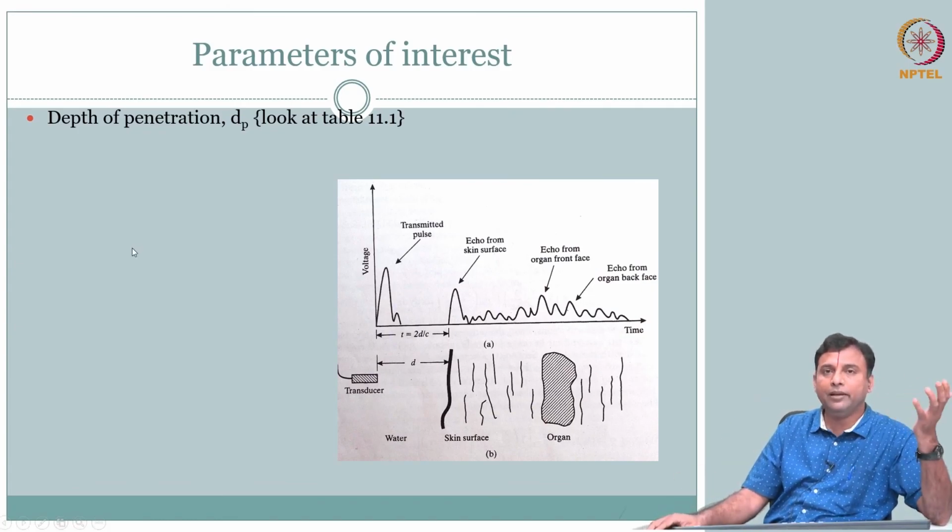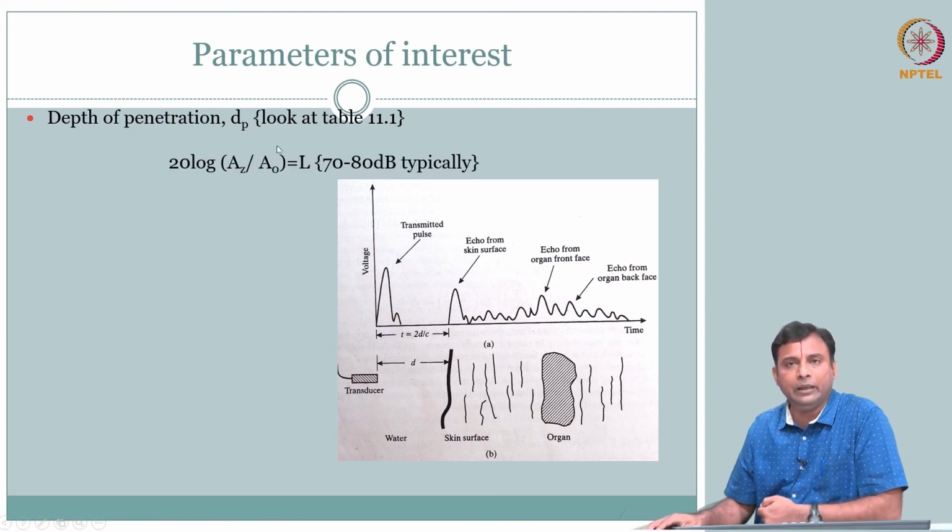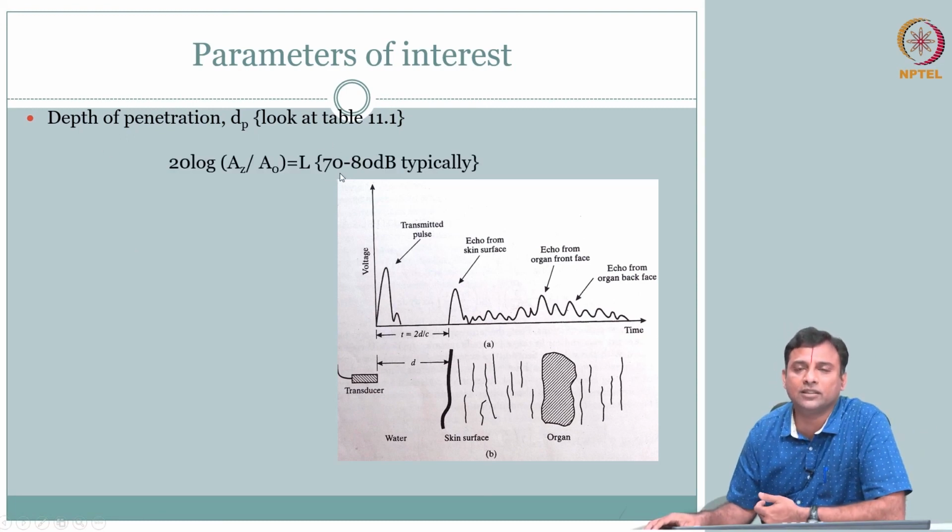So typically, most systems have a level of tolerance of 70 to 80 dB. Until that point the instrumentation, the amplifier, can still recover the signal.